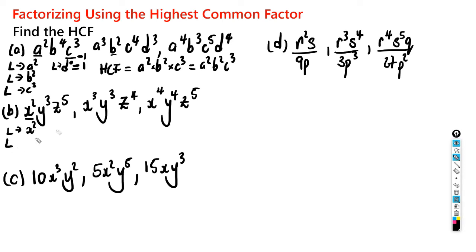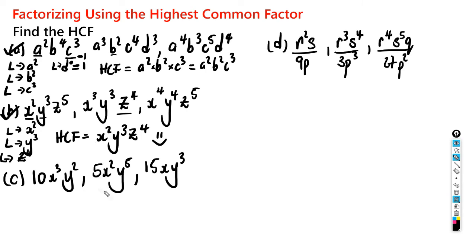We want to find the lowest for the y. In this case, it's y cubed. And we want to find the lowest for the z. In this case, it's z to the 4. So we can see that the highest common factor here is equal to x squared, y cubed, z to the 4th. Cool? Pretty simple, right guys? Just look for the lowest one and multiply them all.